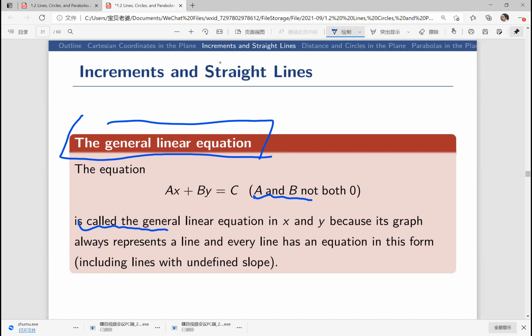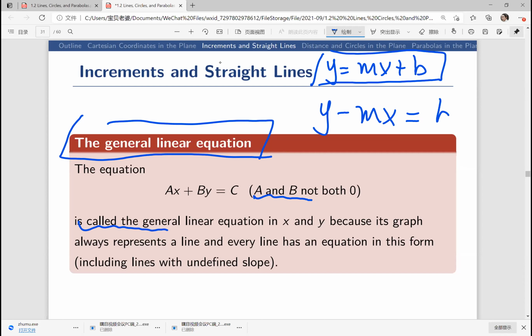Okay, let's see. If we write the first equation y equals mx plus b, this is the slope-intercept equation, right? If we write it as a general linear equation, it will be y minus mx equals b.